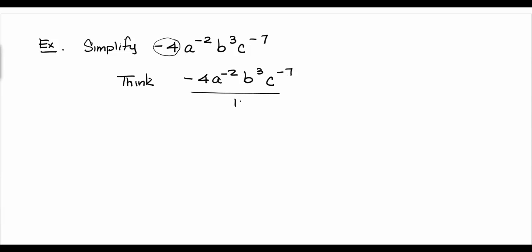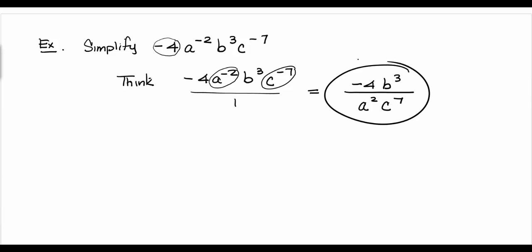And again, I can start marching across. What I need to put down in the denominator: here I have a -2 with my a, so that pops down, and I have a -7 exponent with my c, so that goes down. So I'm left on top with -4. Just because it has a negative coefficient doesn't mean it goes down to the denominator. b cubed, over a squared, c to the 7th. And I'm done.